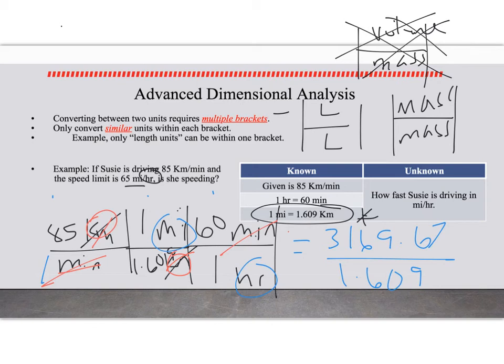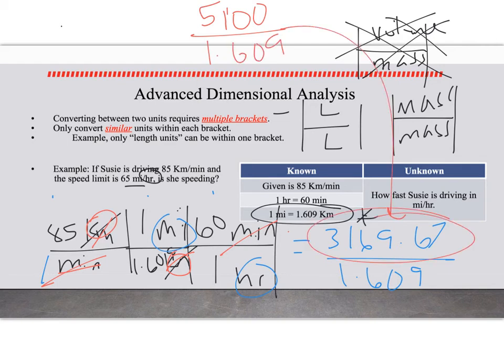The top actually multiplies to 5,100, and then 5,100 divided by the 1.609 if you look up at the top. So we have 5,100 on the top divided by our 1.609. That actually led to the 3169.67 unit. I apologize if that's confusing.